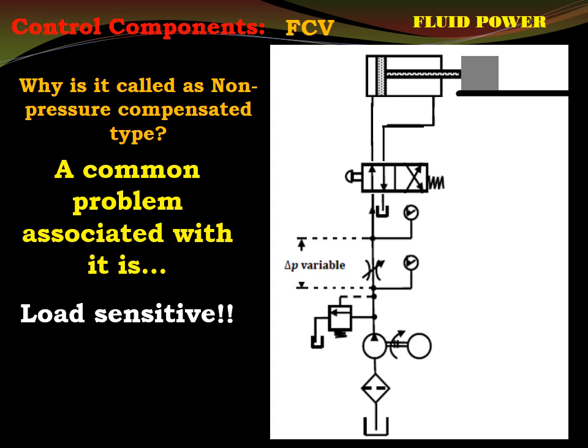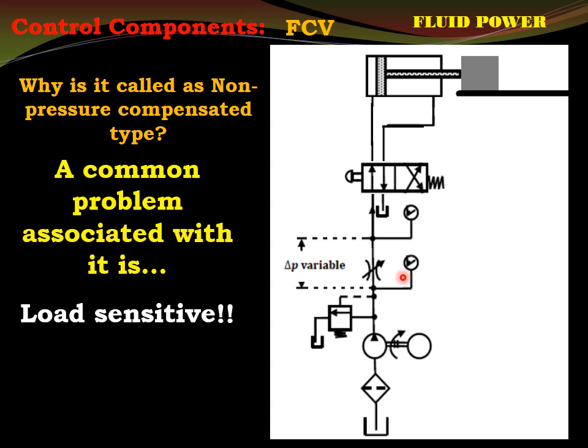Right? Say we assume we want some velocity of this load, so definitely the FCV is restricting its area, reducing flow through it to the desired one, which is required to create some extension speed of this piston, some moving speed of this load.